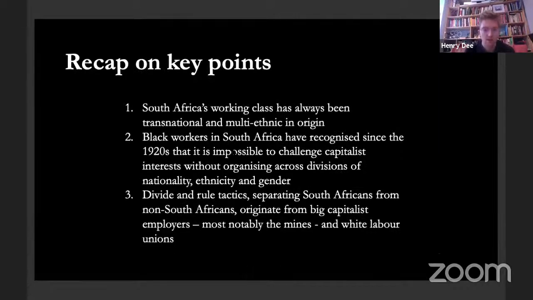So just to wrap up and recap. South Africa's working class has always been transnational and multi-ethnic in origin. Anti-immigrant ideas have been challenged by Black workers like Kadali and others since the 1920s, and then trying to think about where these divide and rule tactics come from, both pushed by the white labour movement, but also people writing on behalf of the Chamber of Mines.